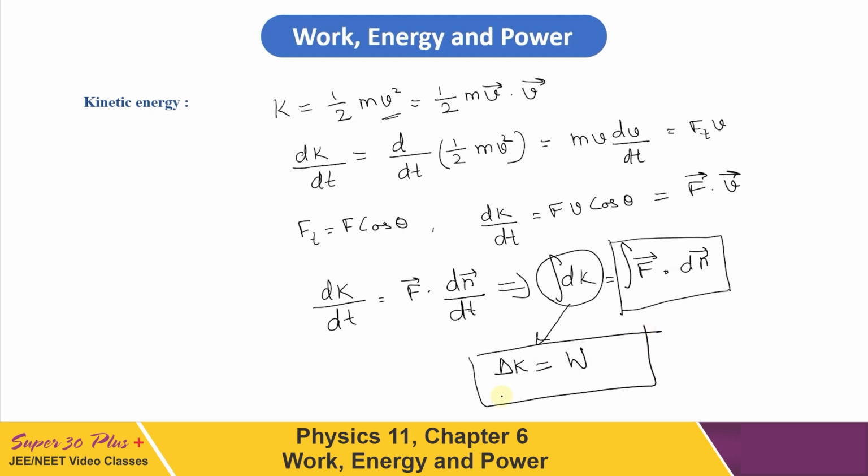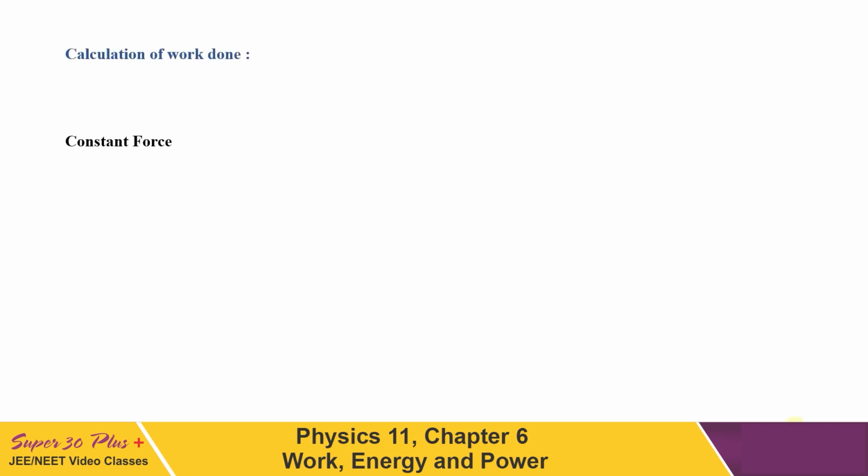But while writing the work energy theorem, change in kinetic energy is equal to work done due to all kinds of forces. This is a very, very important concept which will be used in almost 50% of numericals from this chapter. So do remember, delta K is equal to work done due to all forces.